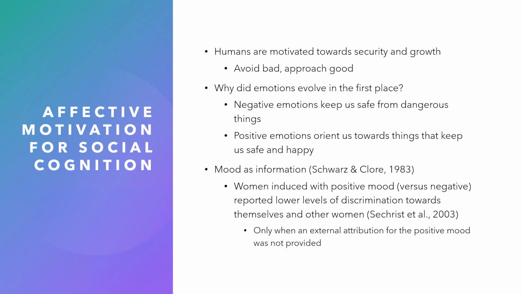We want to avoid bad feelings and approach good feelings. As we kind of covered in that lecture, our emotions presumably evolved to keep us safe, right? So our negative emotions distance us from things that might harm us, and our positive emotions keep us oriented towards things that will make us safe, happy, and more likely to reproduce.